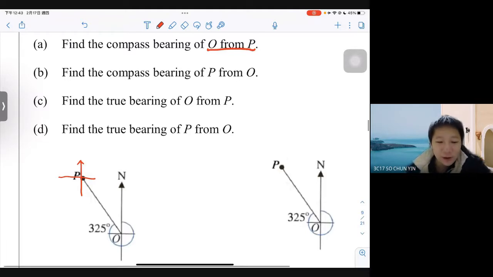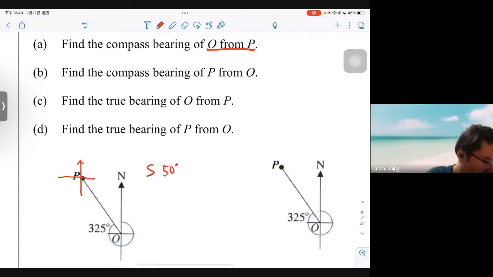South 50 degrees. How would you get this 50 degrees? You're mentioning this angle, right? Yes. How can you find this?